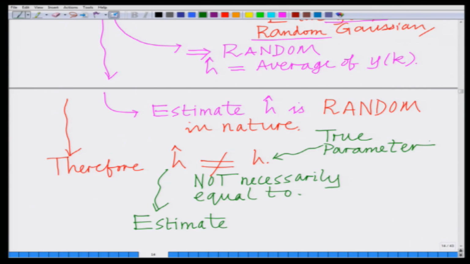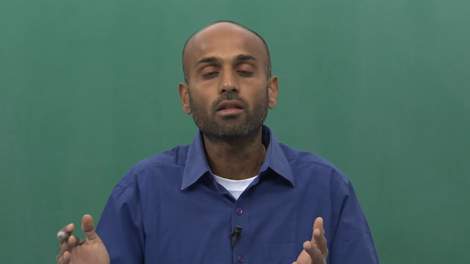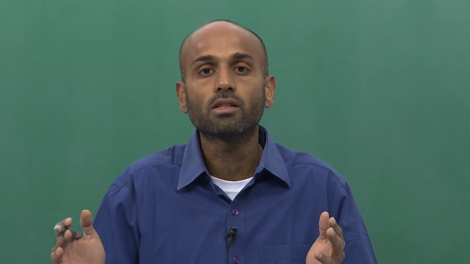So, we have the estimate h hat, which is derived from the observations, and then we have the true parameter h, which is unknown and which we are trying to measure. What we are saying is h hat is random.